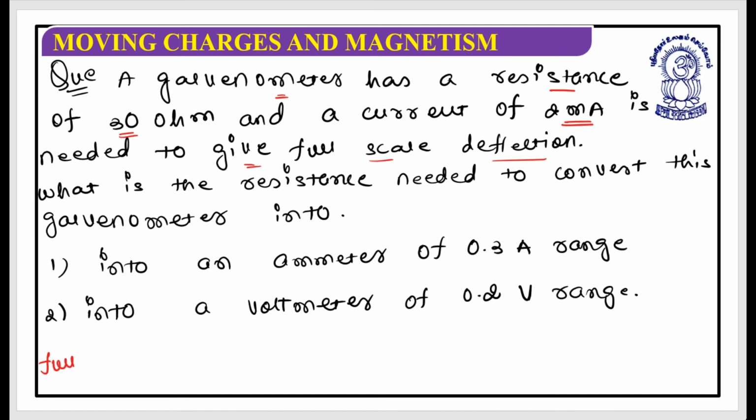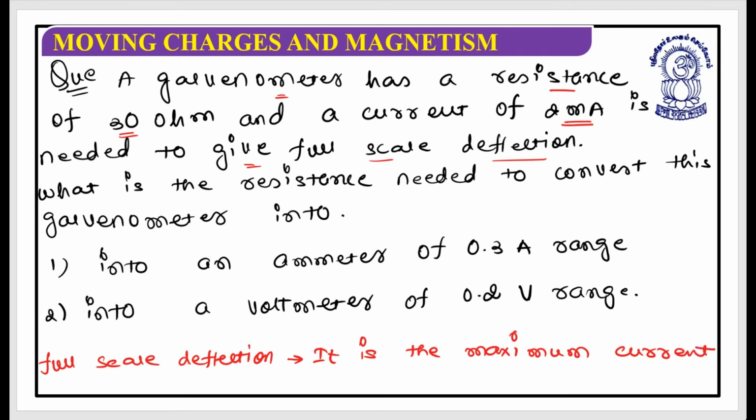When they say full scale deflection, it is the maximum current that can pass through the galvanometer safely.